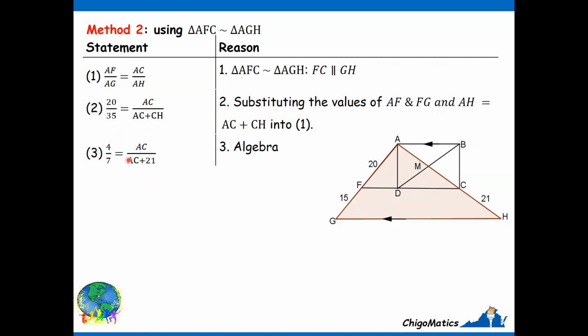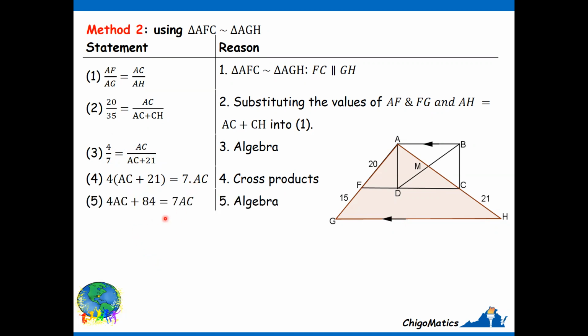Then this equation is a linear equation, and the variable is AC. I solve for AC by cross multiplication, that is cross product. Then it reduces to this. From there, you do some algebra. At the end, 84 is equal to 3AC.